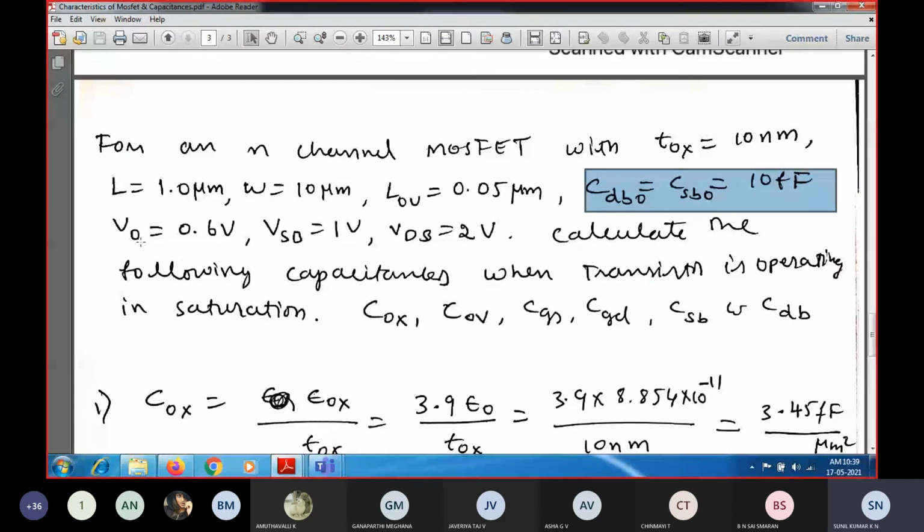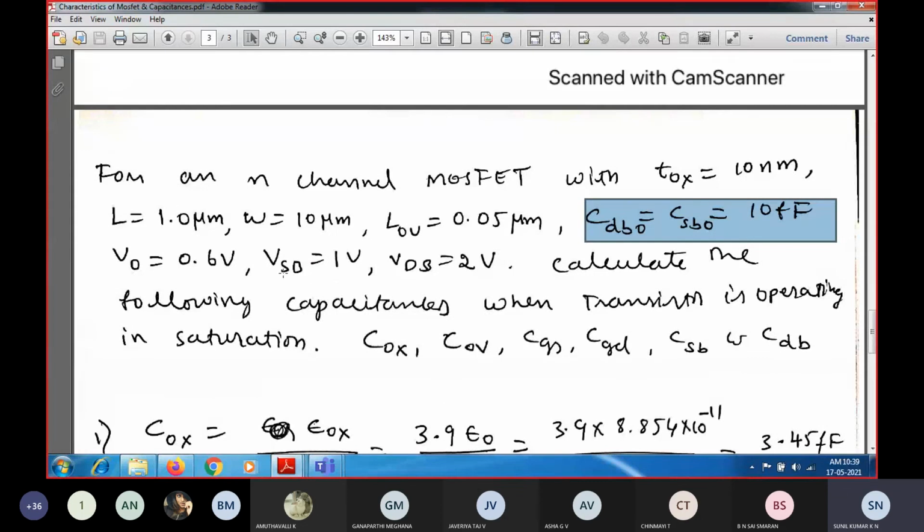V0, the junction voltage, is given as 0.6 volt. VSB is equal to 1 volt. VSB means the source to body voltage, which is equal to 1 volt. VDB is equal to 2 volt. So these are the different values given for the MOSFET.